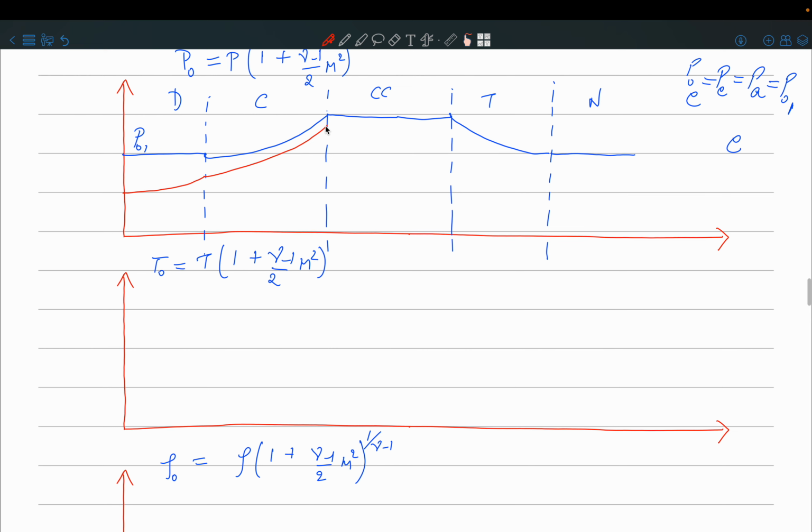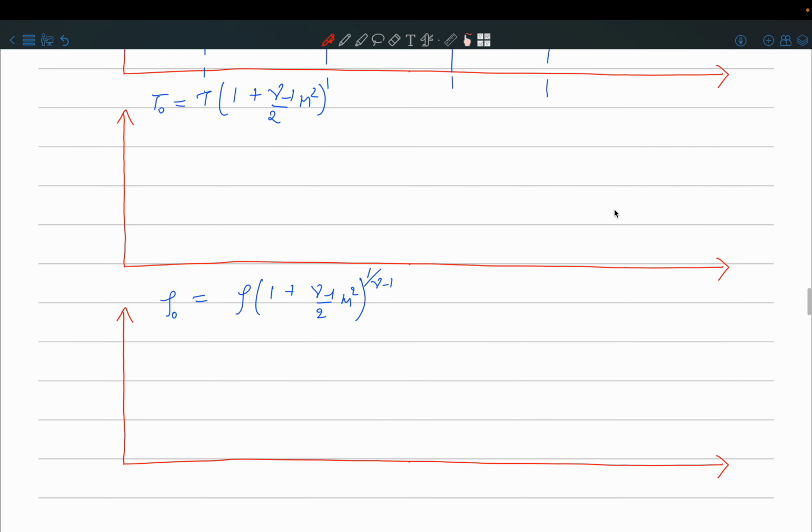And then in the combustion chamber, it remains almost the same. Then the static pressure decreases in the turbine, and then further decreases in the nozzle. And like just now mentioned by one of you, the exhaust pressure should be equal to the ambient pressure. That is the usual operating condition.